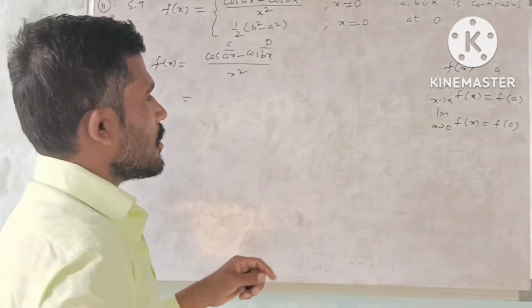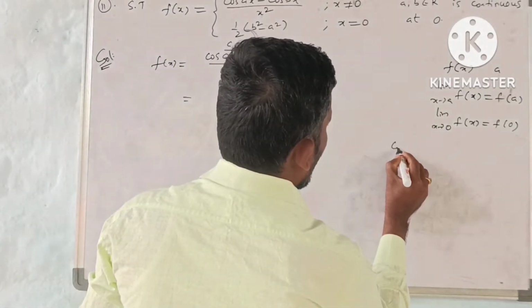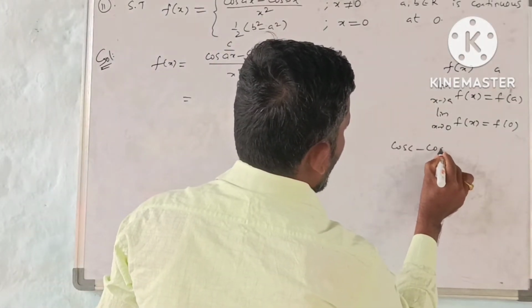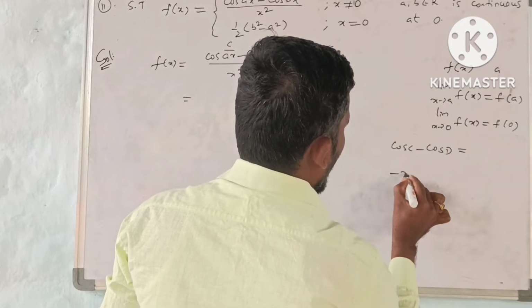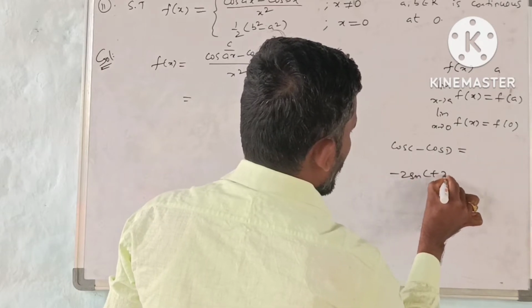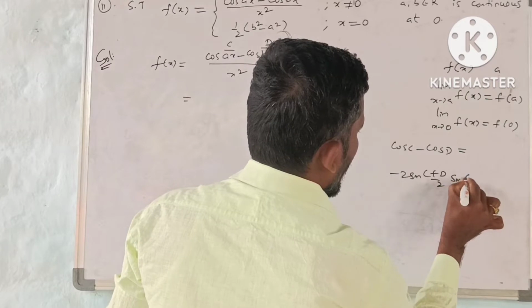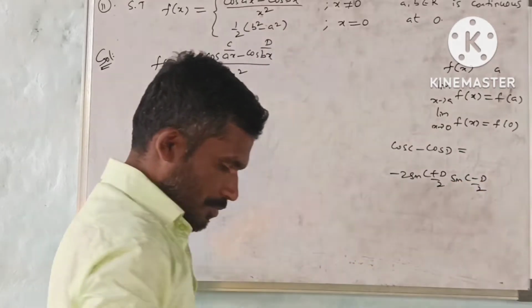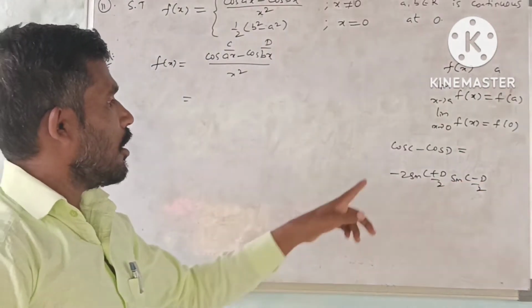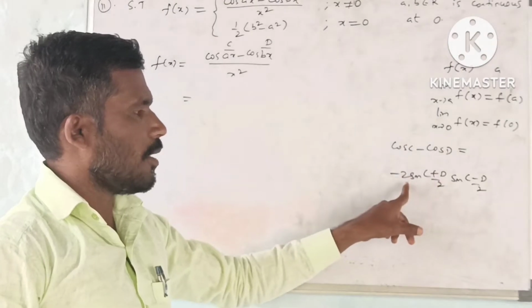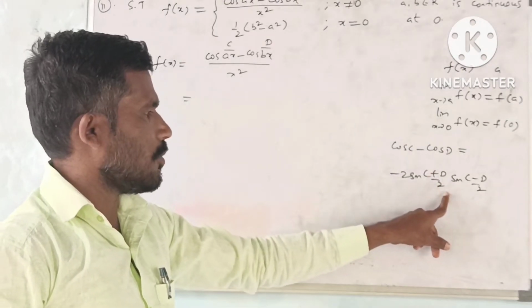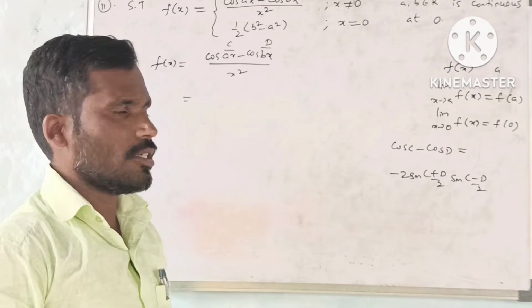Cos c minus cos d, what is the formula we have? Cos c minus cos d formula is minus 2 sin of (c plus d) by 2 sin of (c minus d) by 2.